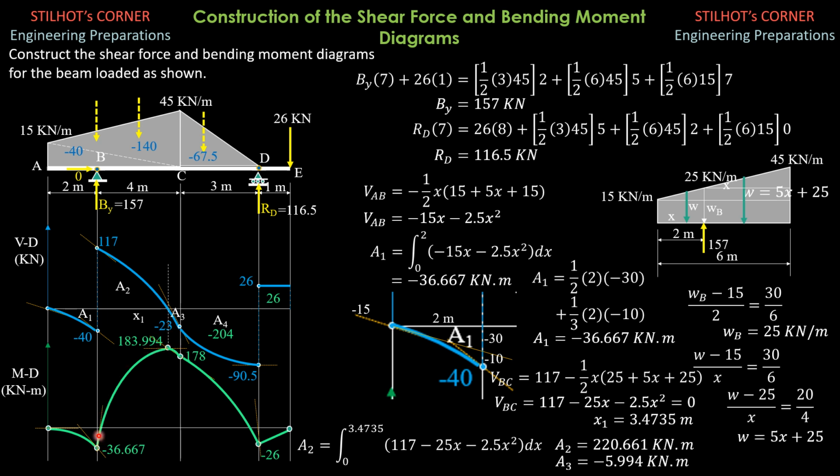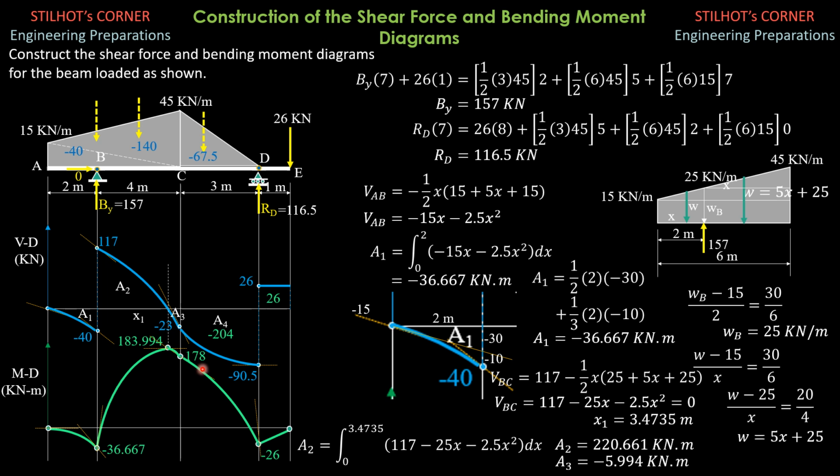So of course, it should look like that to make it tangent to the initial slope and to the horizontal. Then 183.994 plus negative 5.994 is 178. So to connect them with a smooth curve, it begins with 0 horizontal slope to negative 23 slope. So it should look like that.